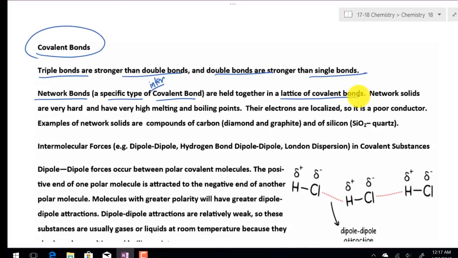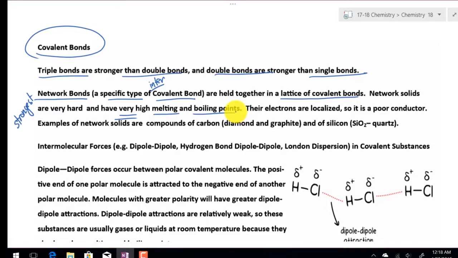They are held together by a very strong intermolecular force. Guess what? This is the same thing. This is the strongest intermolecular force between covalent molecules. And therefore, it will have a very, very high melting point. That means it takes a lot of energy just to melt the substance from solid to liquid, or to boil it from liquid to gas.